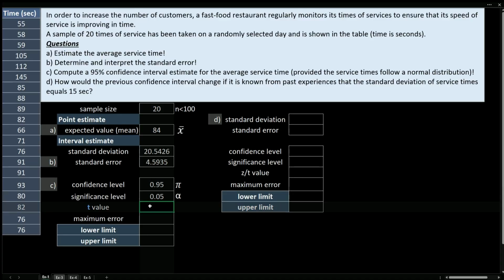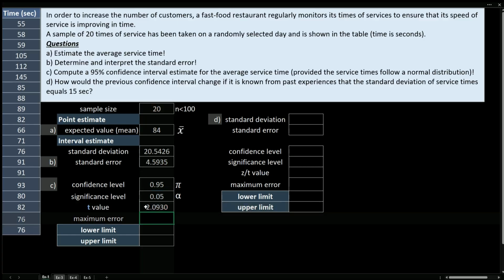And since we want to use t-value, then here we have the probability alpha. To find t-value, we will write equal T.INV, the inverse function for t-distribution, and 1 minus alpha over 2 with degrees of freedom n minus 1.